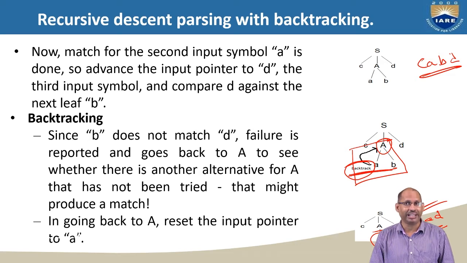So backtracking means that if the selected production is not deriving our required string, we go back to the parent node and we select alternative productions of the given non-terminal. So that is the backtracking, right?